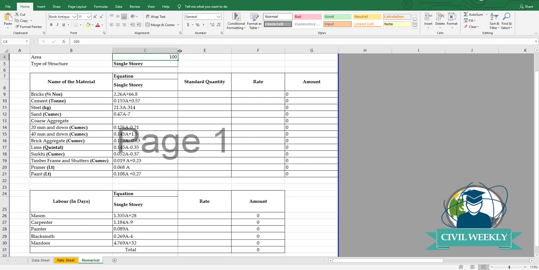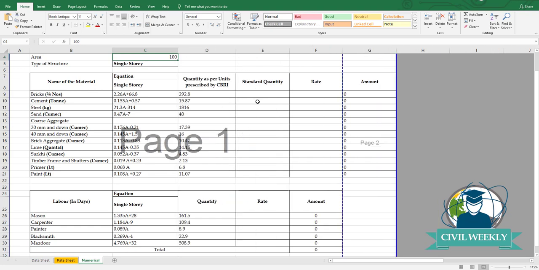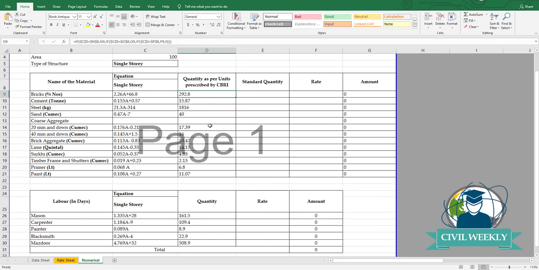If you can see, the quantity which is given as per the CBRI unit, in this particular table, the unit is percentage number. So you have to convert it in terms of numbers. In this rate sheet, you have to find out the amount. How will you find out the amount? Amount will be equal to quantity into rate.